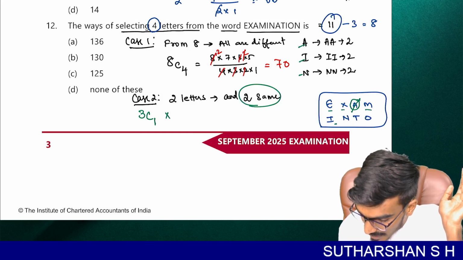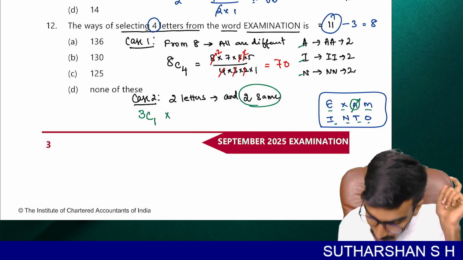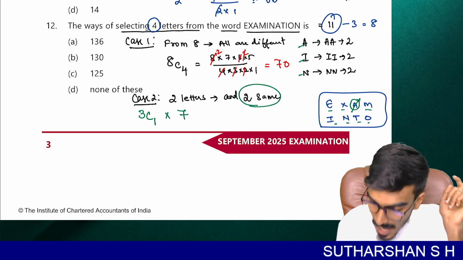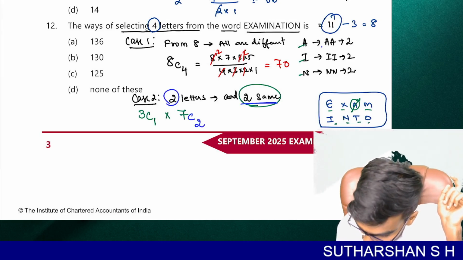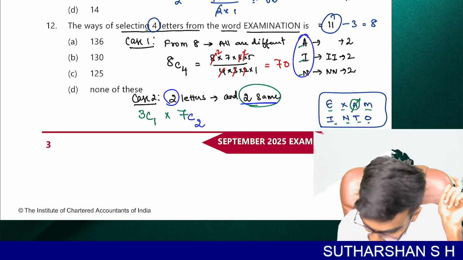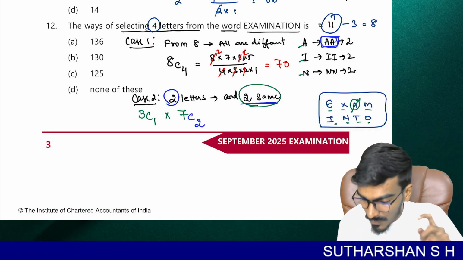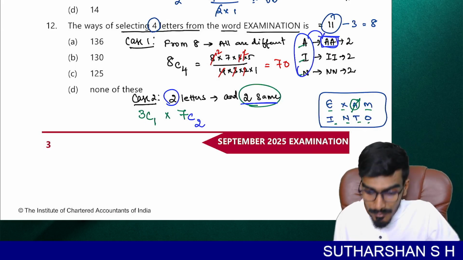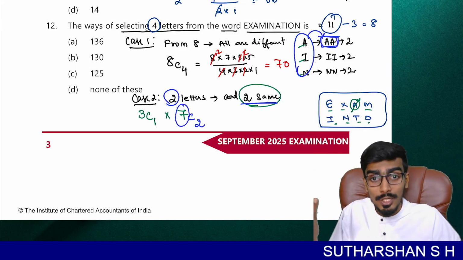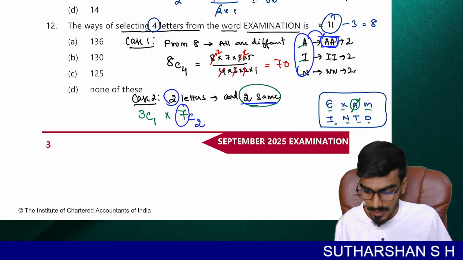E, X, M, I, N, T, O. 7 letters are there. From the 7 letters, I need to choose 2 letters, because the 2 same letters are combined, aligned. From 3, I need to choose 1 so that I get 2 letters, and then from the remaining 7 letters I select 2 so that I get a 4-letter word.